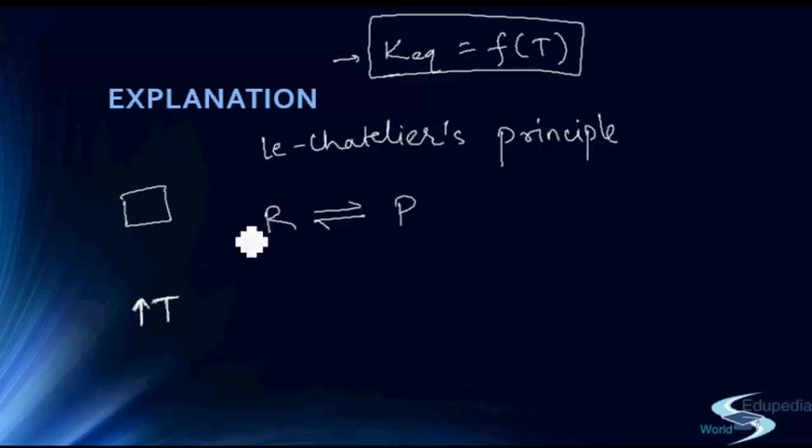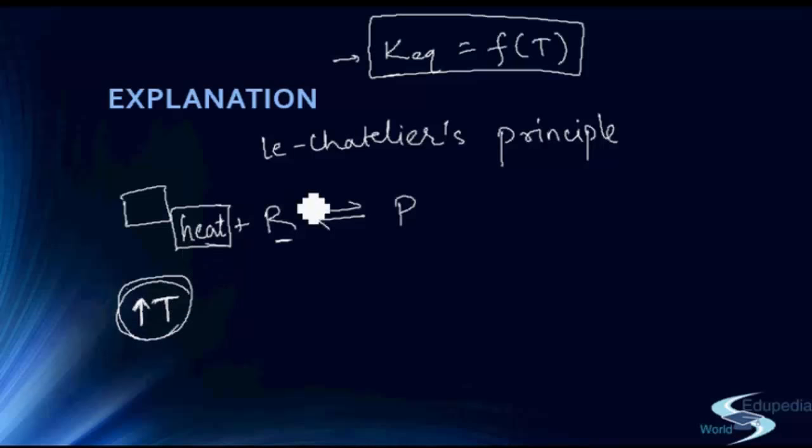So let's assume for now that this process is an endothermic process. That is, here reactants absorb heat to form products. So for such a process where heat is being absorbed by the reactants, if I increase the temperature, the system will try to shift the reaction in such a way that it can decrease the temperature again.